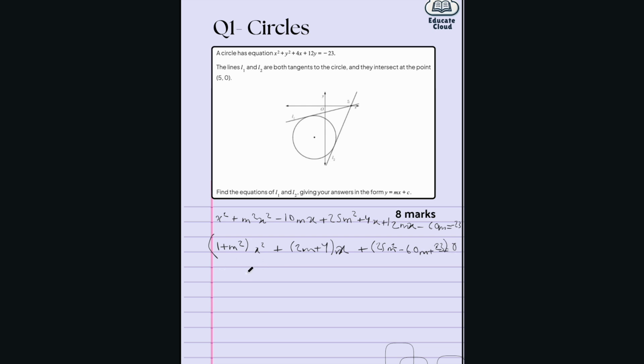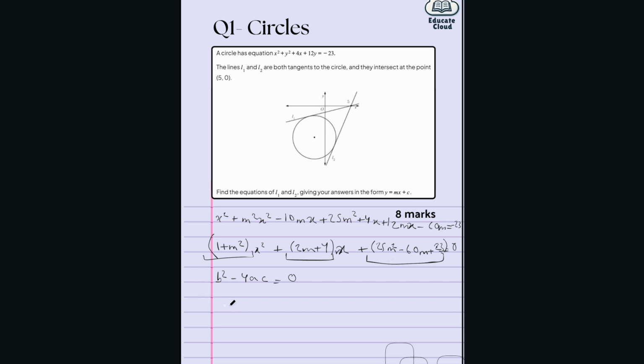That is now in quadratic form, and we can apply the condition for a tangent, which is that the discriminant is equal to 0, so b squared minus 4ac equals 0. Here a is 1 plus m squared, and c is 25m squared minus 60m plus 23.